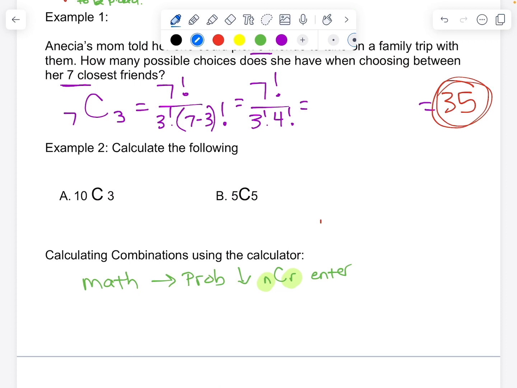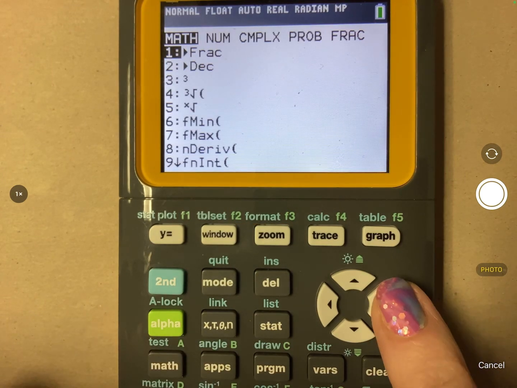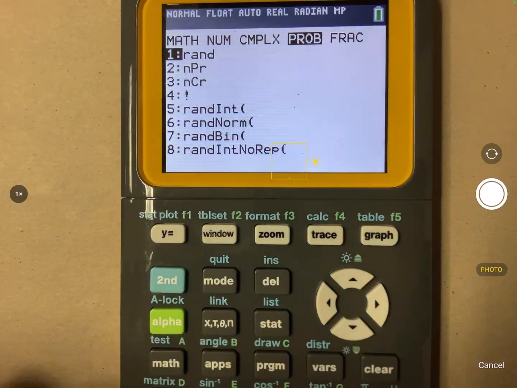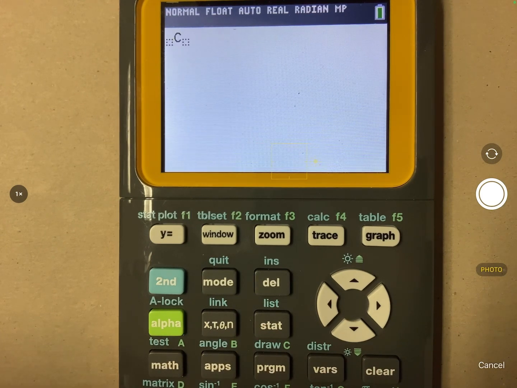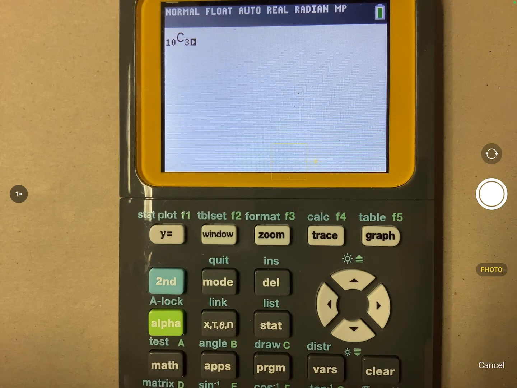When calculating example 2, we can type this straight into the calculator and we already have our notes. If you wanted to do the formula by hand, you are welcome to. You can see the notes above, but we're going to type this straight into the calculator for A and also B. Example A: math, arrow over to the right to probability, and we're going to choose option 3. We have 10 things total, and we have 3 spaces to fill.